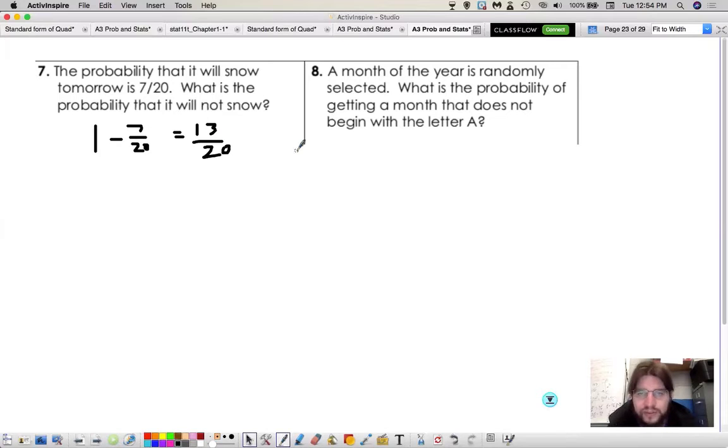A month of the year is randomly selected. There's 12 of those, by the way. What is the probability of getting a month that does not begin with the letter A? Well, let's see. You could just do January, February, March, not April. So you could add all those up, or you could be like, there's April, August. That's it. So 2 out of 12 do start with A. So 1 minus that is 10 out of 12.